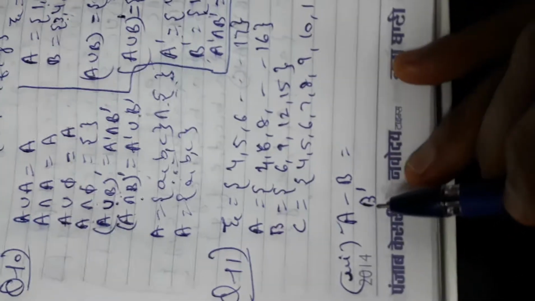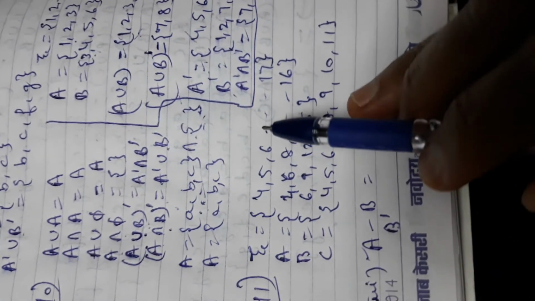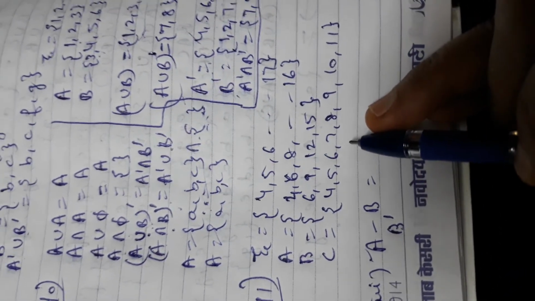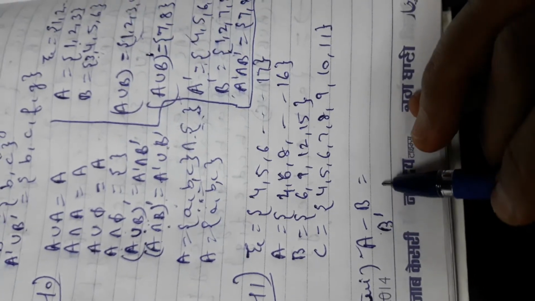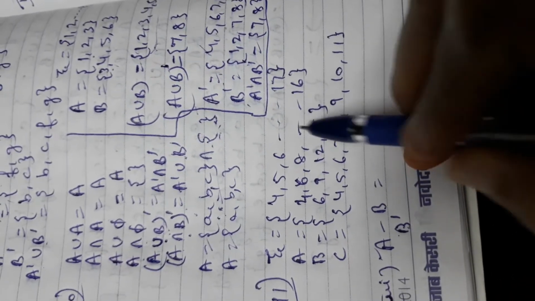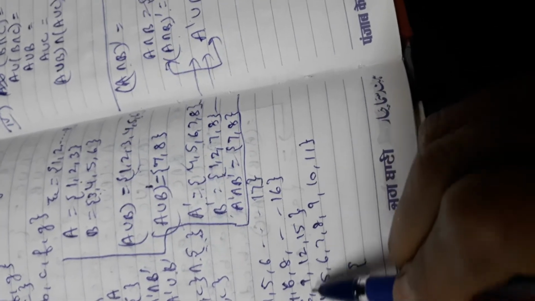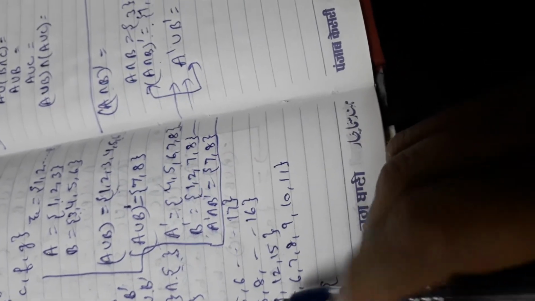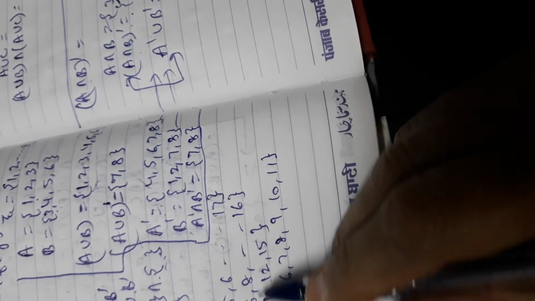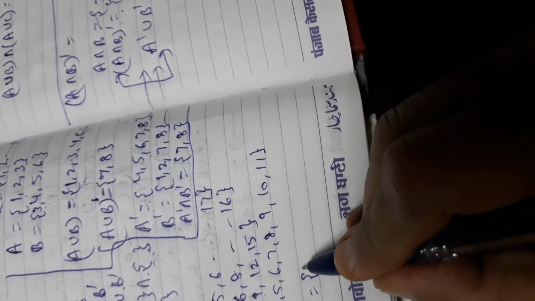Now the 11th question. Two parts I have done, two are left for you. Now the universal set and A, B and C are given. First of all we have to find A minus B. That is, from A we subtract B. From A we are removing B. So 6, from A we are removing these elements, that is 4.